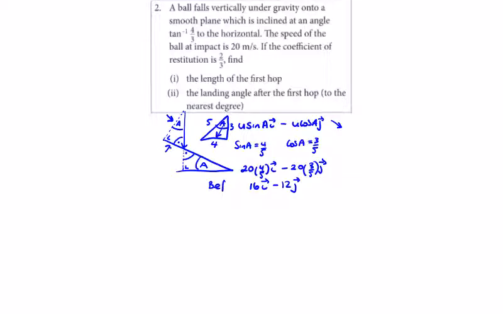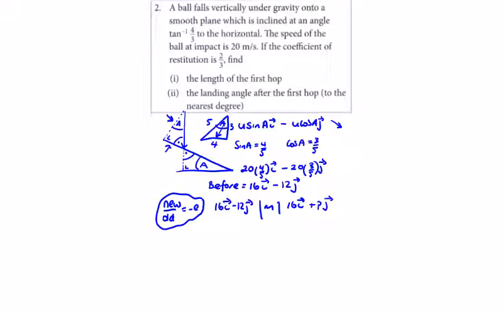Then it hits, and we know that the new over the old is equal to minus e. Set these up before, something like this, 16i minus 12j. We have a mass of m, so we've our before and after. It's not going to change in the i direction, it will change in the j direction.